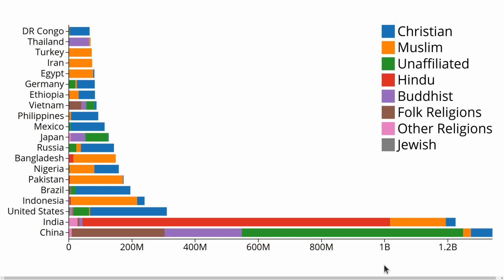You can convert that from concepts to questions about shapes on the screen. So instead of asking which country has the most Hindus, you need to ask yourself, which red square is the biggest? And so by looking at this, you can see easily the biggest red square, and it's in India. So that's just a static visualization.